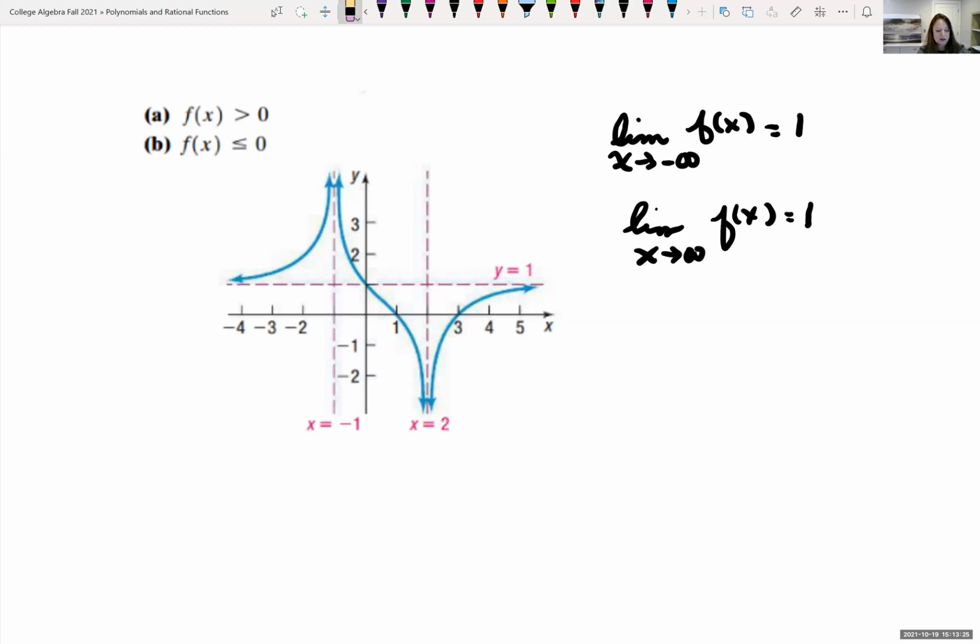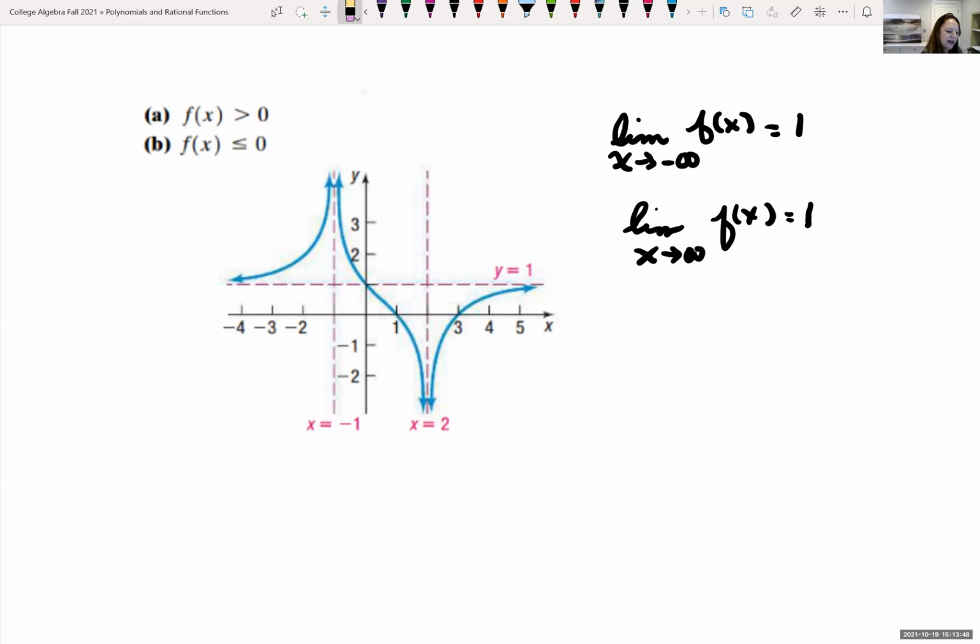Okay, vertical asymptotes, that's where we are getting closer and closer to a single x value. As we get closer and closer to that x value on the left and the x value on the right, the graph is either shooting up to positive infinity or shooting down to negative infinity, or it could be opposite on each side of that x value. In this case, it's not.